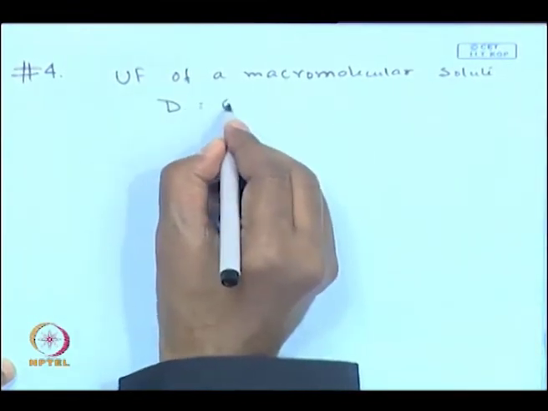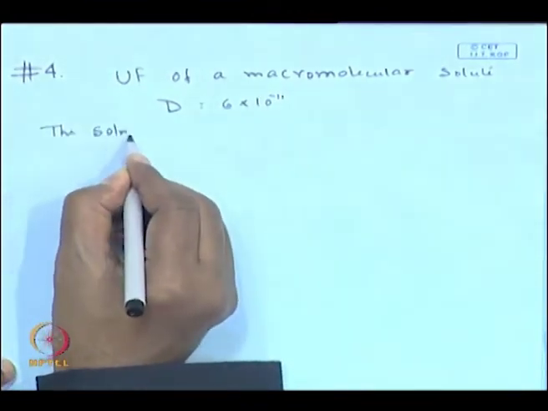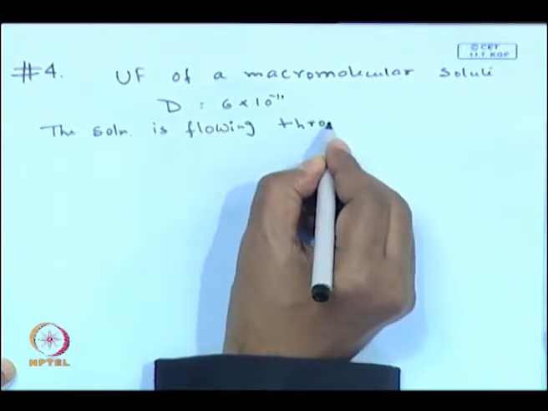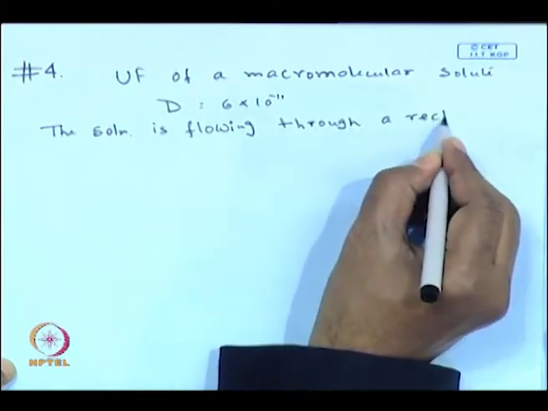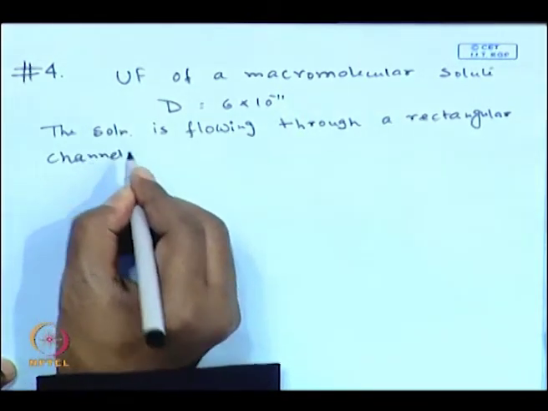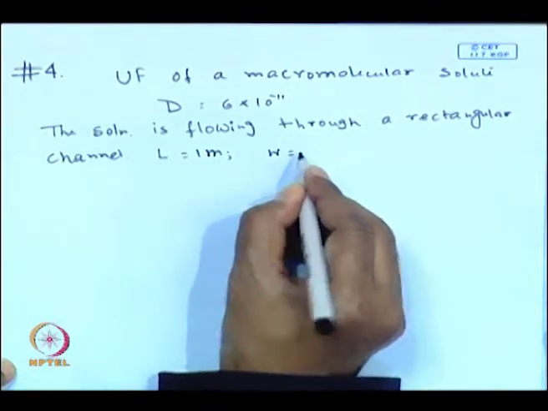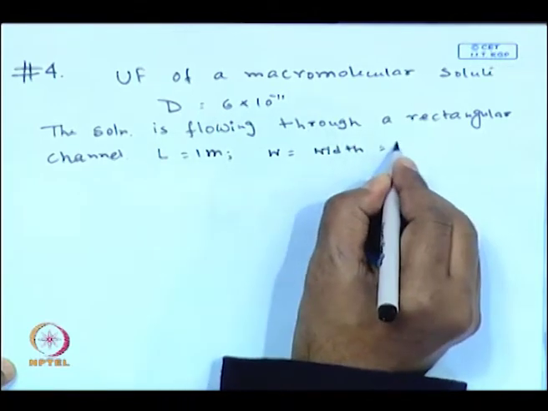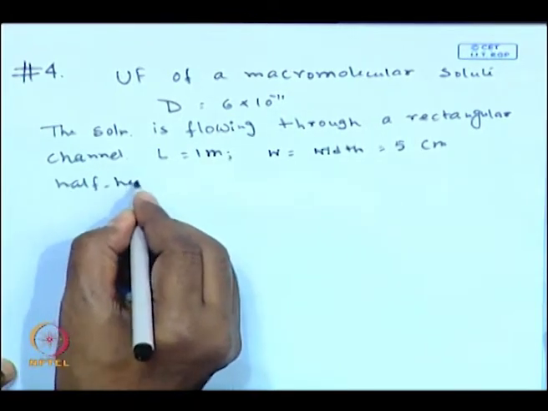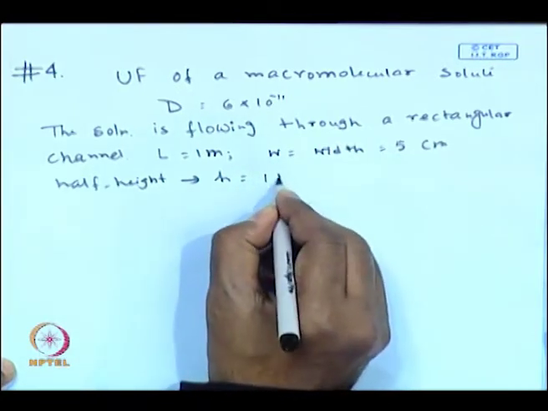It has a diffusivity of 6 into 10 to the minus 11 and the solution is flowing through a rectangular channel of length 1 meter, width 5 centimeter, and half height of the channel, that is h, is 1 millimeter.